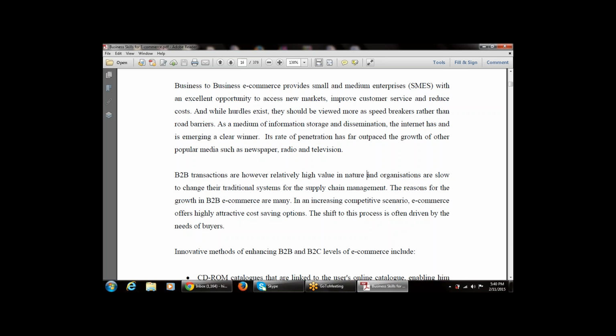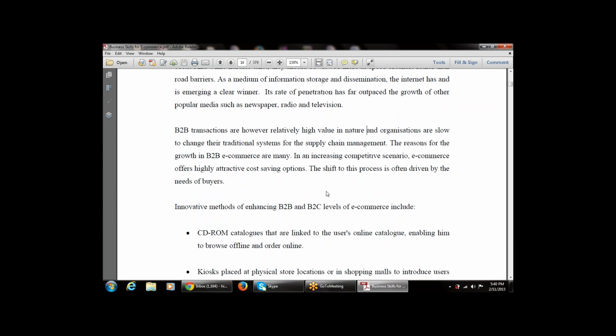The first method is CD-ROM catalogs, that is compact disc read-only memory catalogs linked to the user's online catalog, enabling him to browse offline and order online.